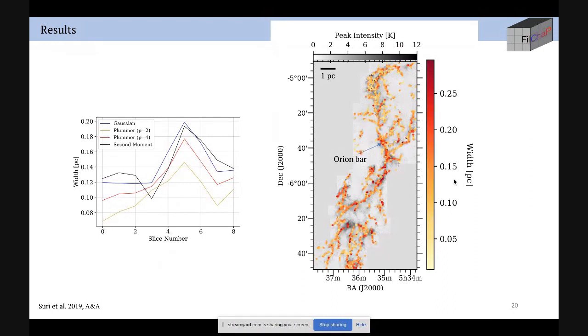And we attributed these variations to a variety of reasons. One of them is that as the filaments approach the hubs, the widths get larger because things get more tangled. And we also saw that as the filaments inhabit more substructures, their widths get larger.